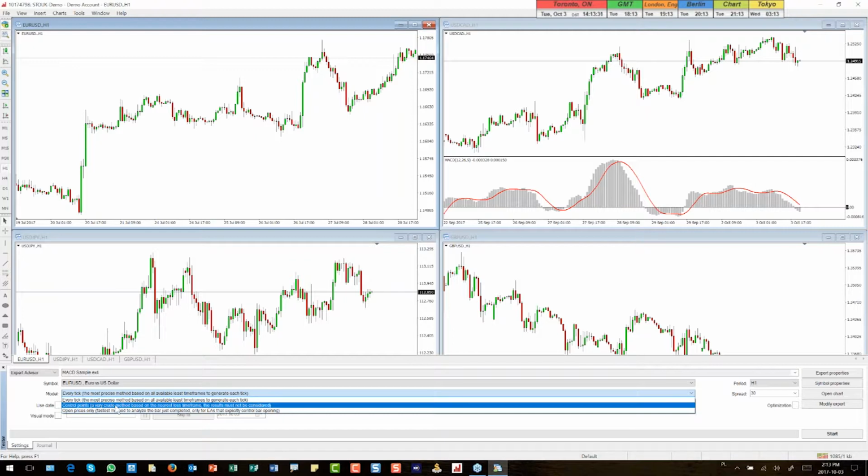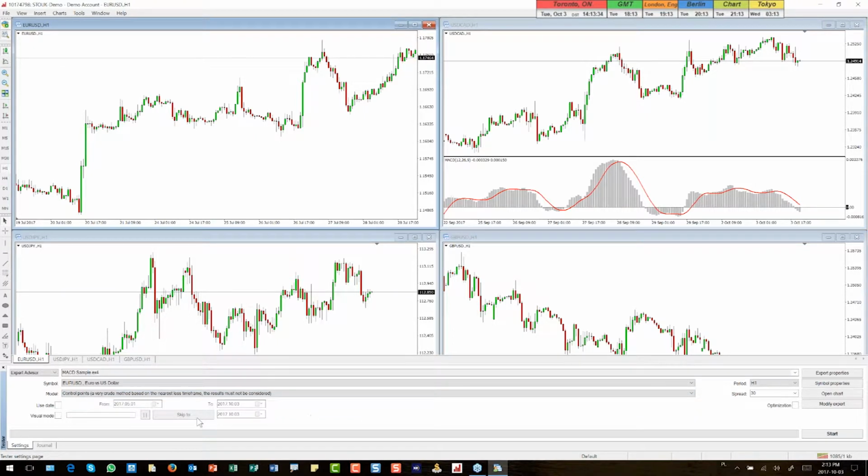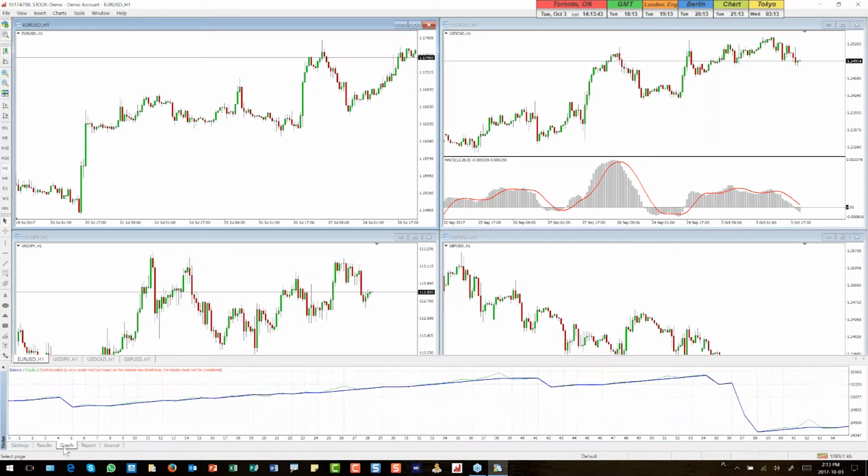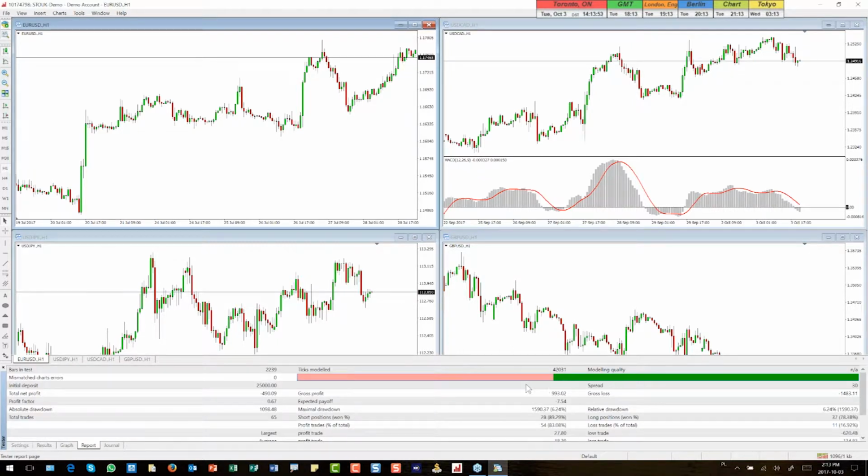Current is the one that we have right now, which is very low, less than 1 pip, but I can pick how many micro pips I can use. So let's say I can use 30. I'm not going to optimize for the time being, but you can learn how to do it.